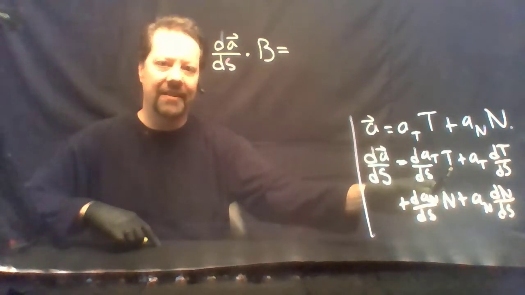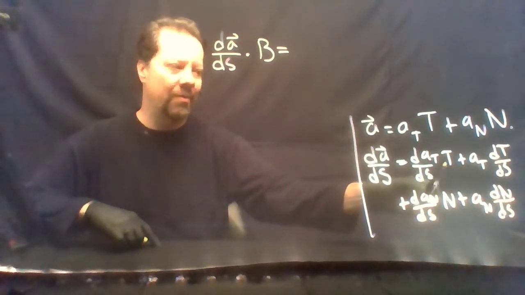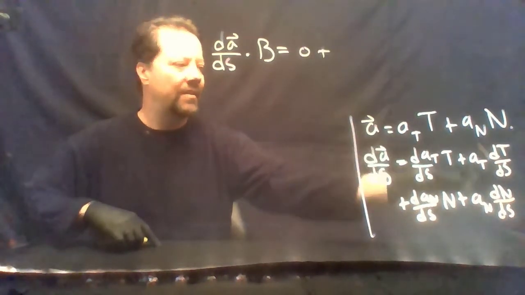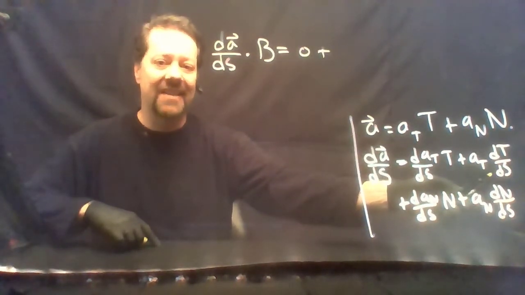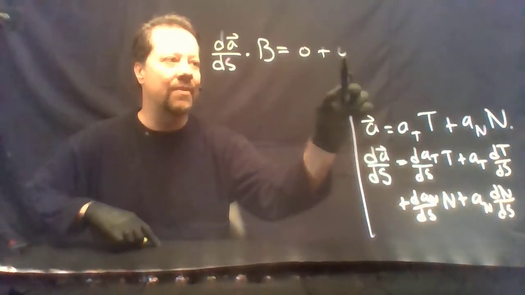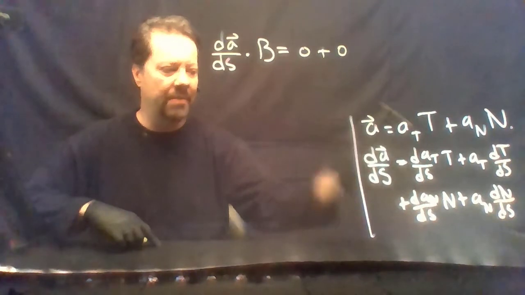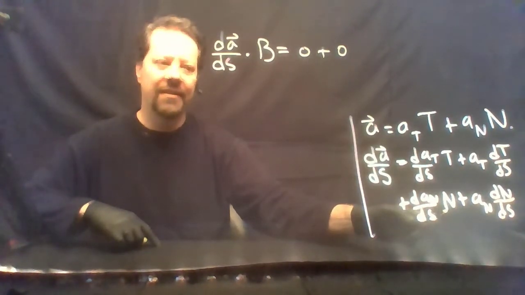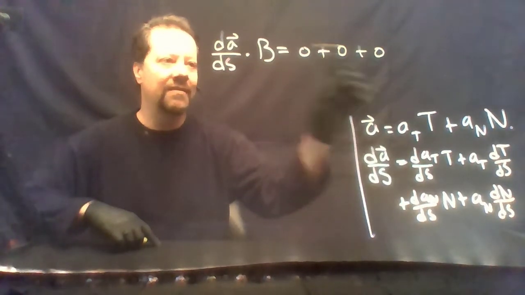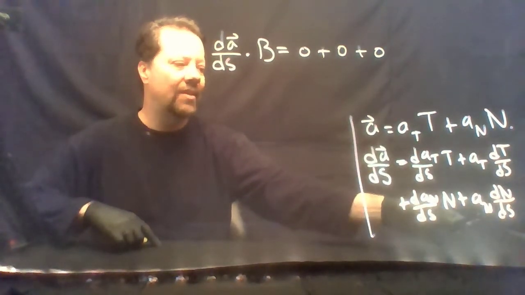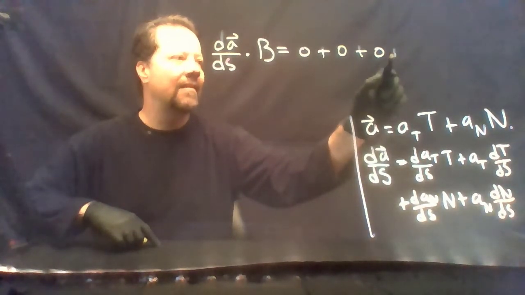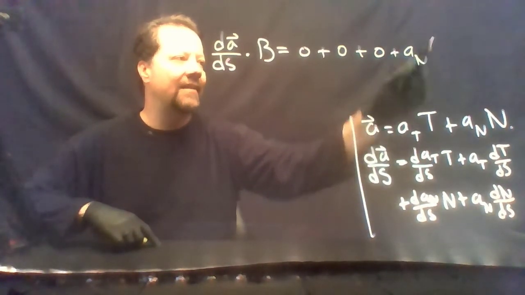The unit tangent vector T dotted with B is 0. dT/ds lies in the direction of the principal unit normal vector, and that too is orthogonal to the binormal B. The third term in the sum is also orthogonal to B, and that leaves only a_N times dN/ds.